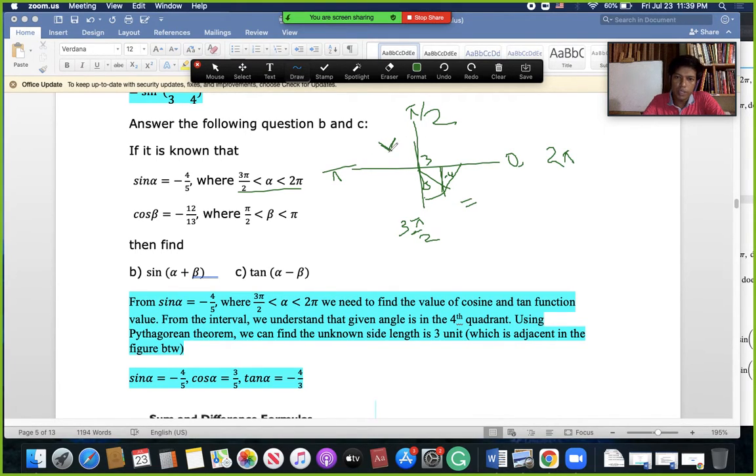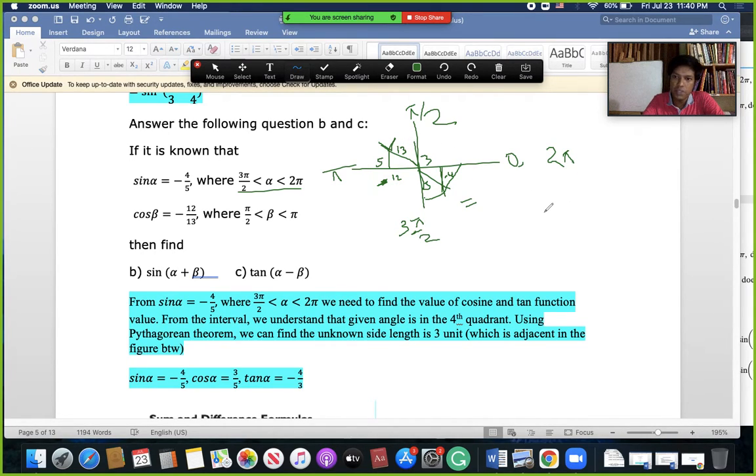And in that case, let me give you a hint. So 13 will be here, and 12 is here. So this is minus 12, and then this will be 5. 5 will be here. This is minus 12. This will be 5, because 5, 12, 13 is also a Pythagorean triplet, or you can find it by doing some calculation.